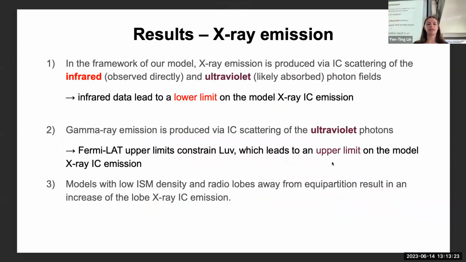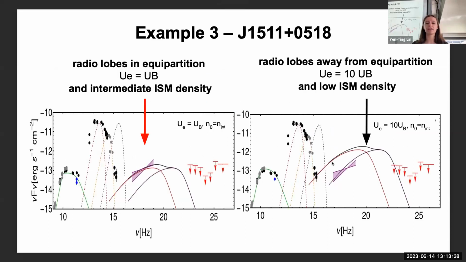In general, low ISM densities and radio lobes which are not in equipartition increase the X-ray emission within our model. Here you can see another example. This is actually the first source which I showed you before.